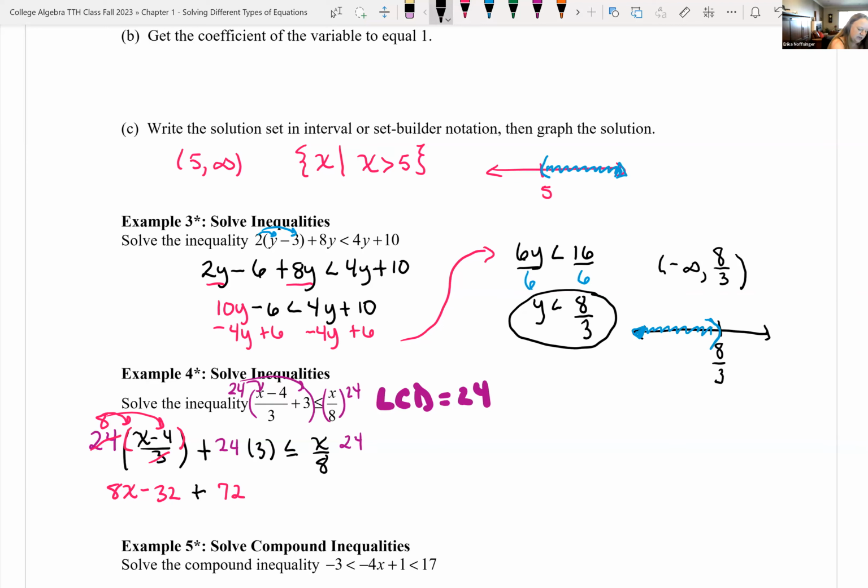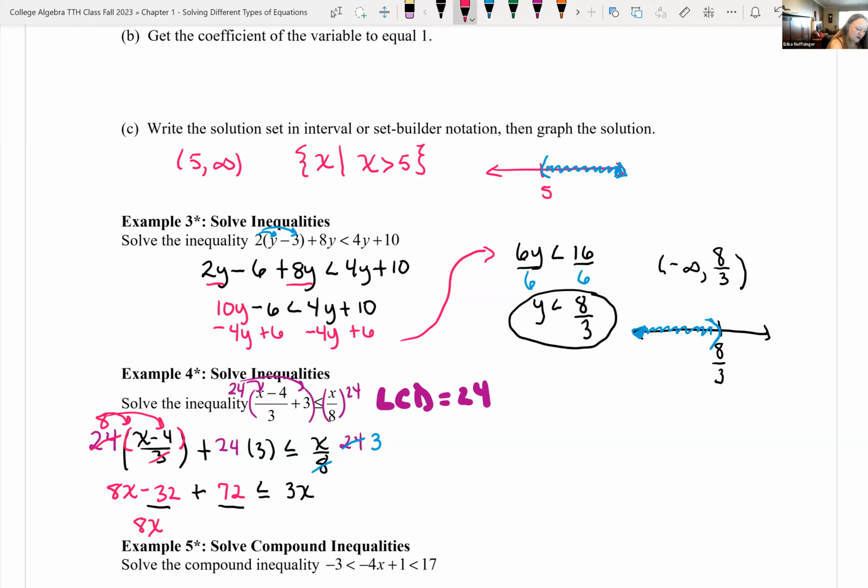is less than or equal to, well, we can simplify here. We see that 8 goes into 24 3 times. So we're left with 3x. So I noticed that the left-hand side of this inequality, we can simplify by combining like terms.